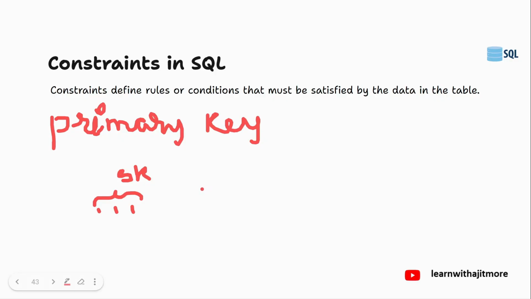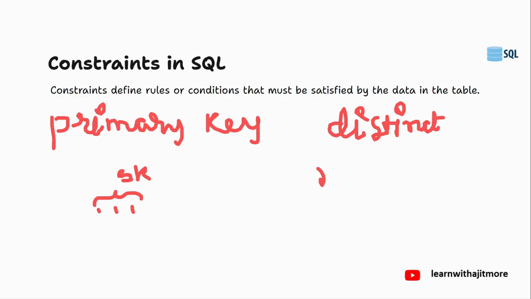Okay? But what is the primary key? The primary key means the value of that column has to be distinct, like unique, and not null also. Means it doesn't even allow leaving it null, which is allowed in unique. Unique allows null value, but values are distinct in unique.